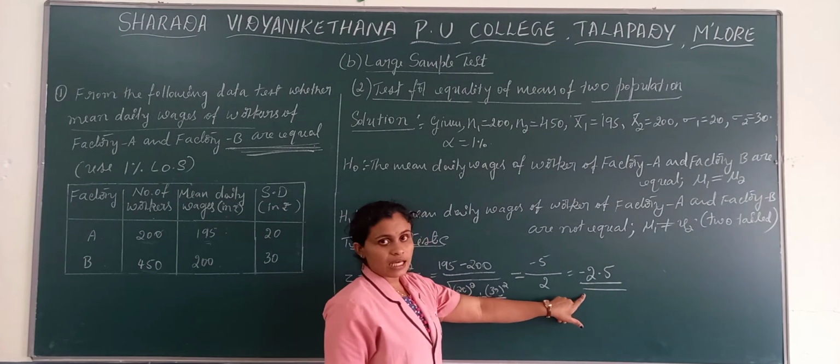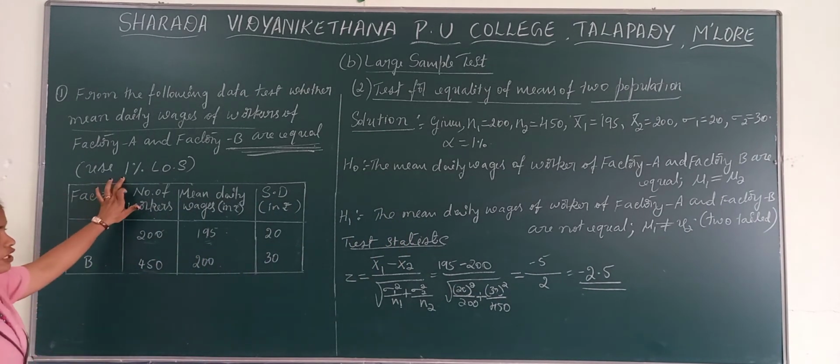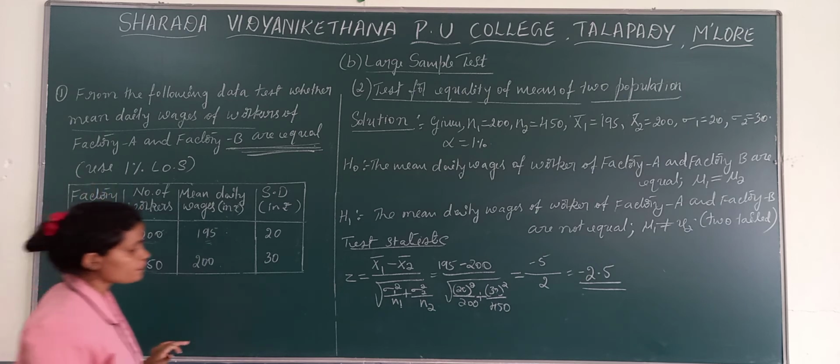Now we need to take the table values. What is the level of significance here? The level of significance is 1%.